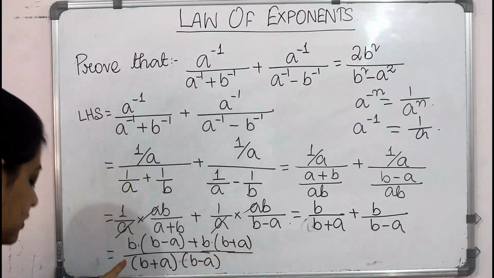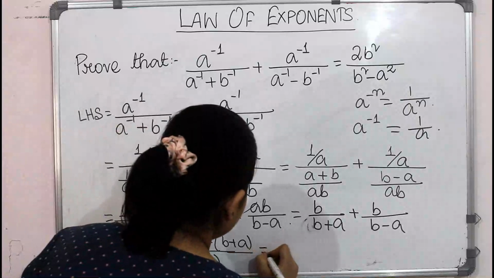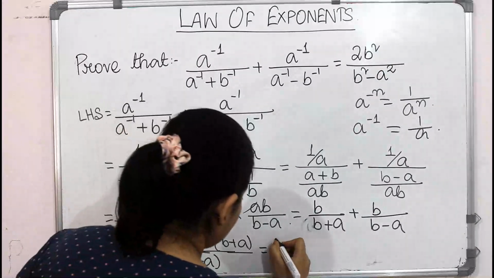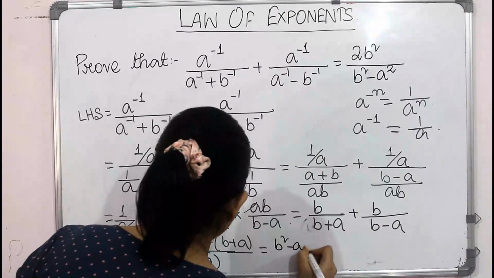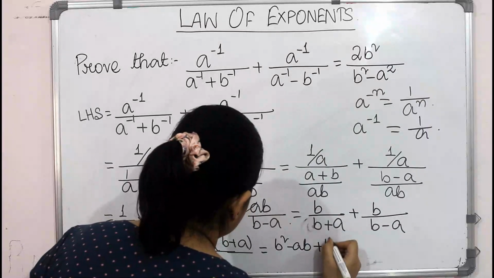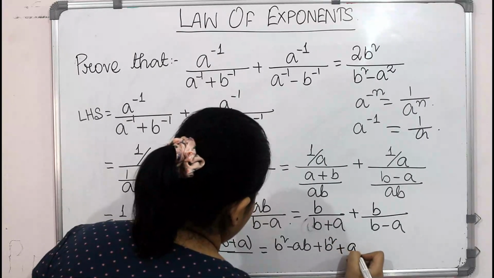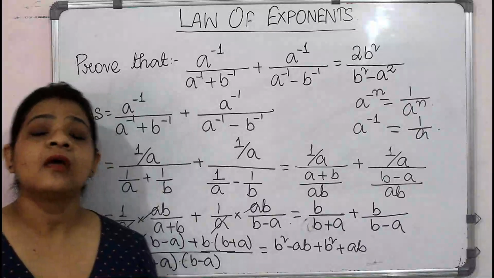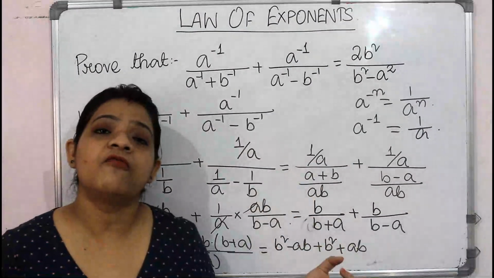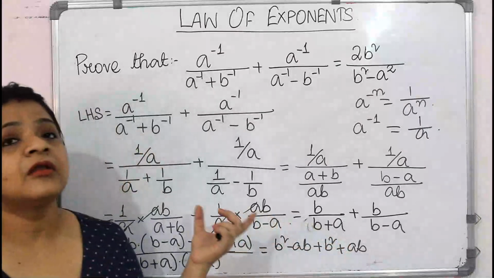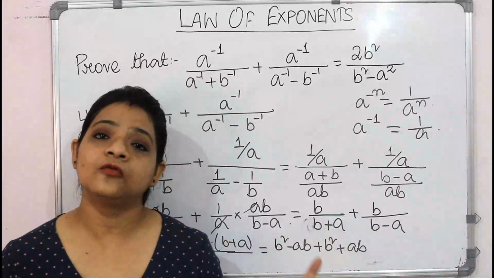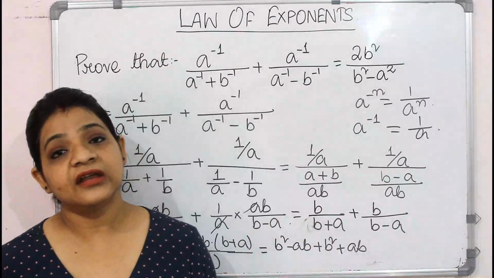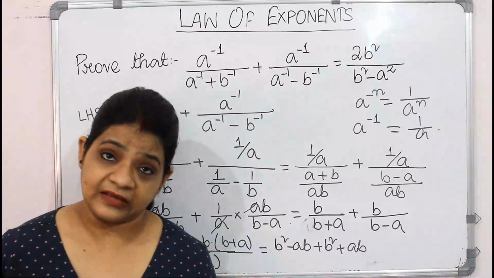Okay, now do the simplification, multiply: b square minus ab plus b square plus ab, over b plus a into b minus a. What is the formula? It can be replaced as b plus a into b minus a, which can be written as b square minus a square.